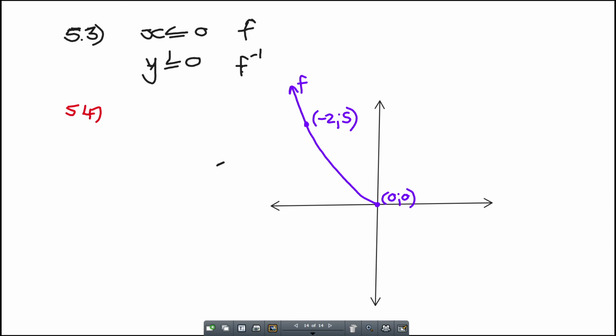Okay, so now if I were to do the inverse, that's going to switch around. So x will be 5 and y will be minus 2. So x is 5 en y is minus 2.